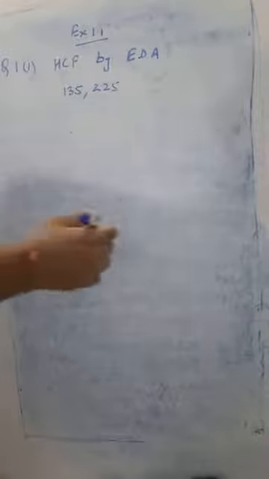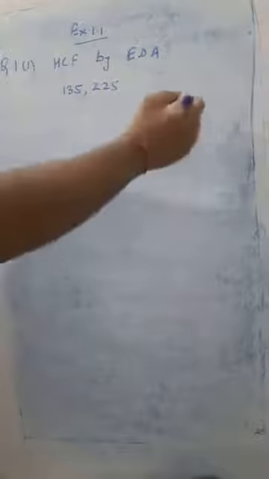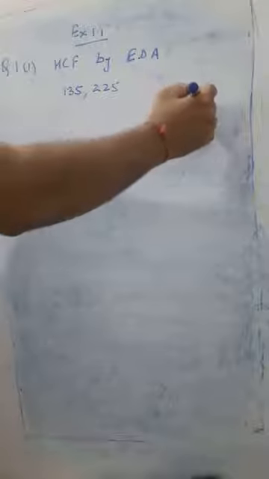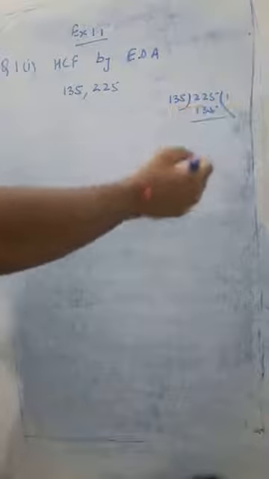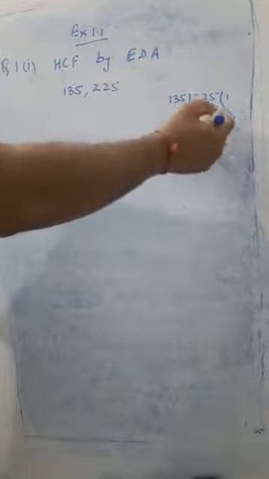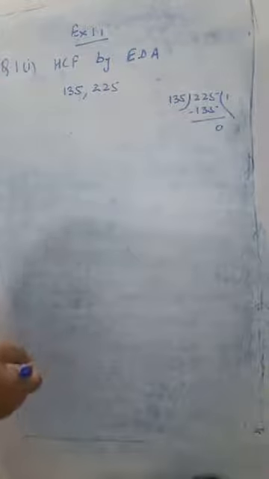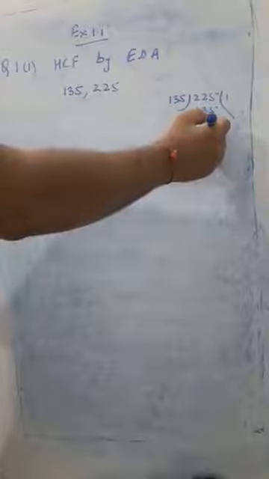So at first we divide it in a simple way, means 135 divides 225. So this is one time, 135, we subtract it, 225 minus 135, that is 90.